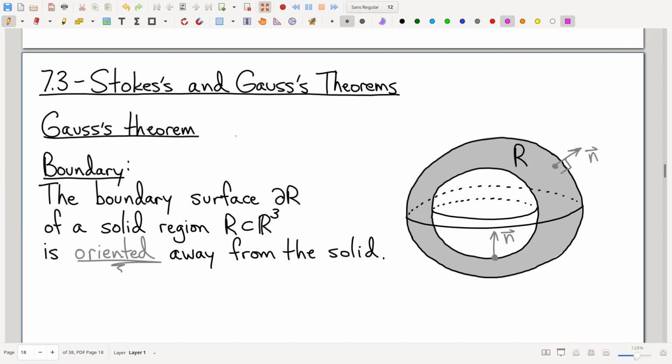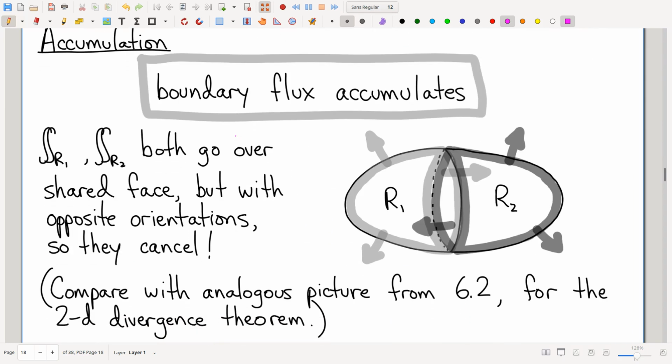Right? So you remember Green's theorem was our first example of what I like to call an accumulation theorem. We identified what we mean by boundary orientations. We're going to have a new convention, arbitrary but standard, on what the word boundary means in this context. We're going to identify an accumulating quantity.